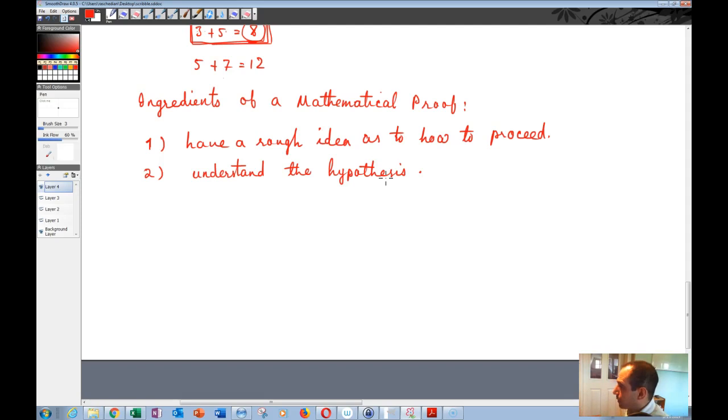So I have to understand what sort of information has been given to me in the hypothesis, and then based on that, I will be able to assume certain things. Of course, we'll get to a practical example.